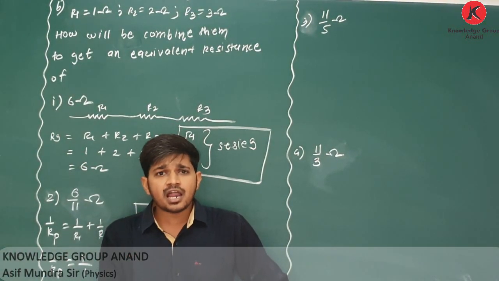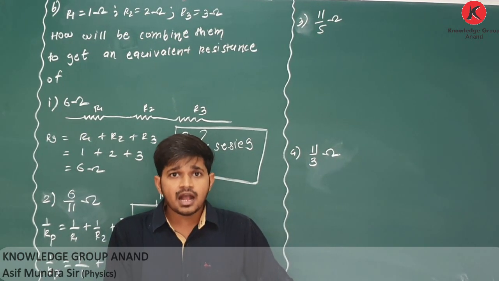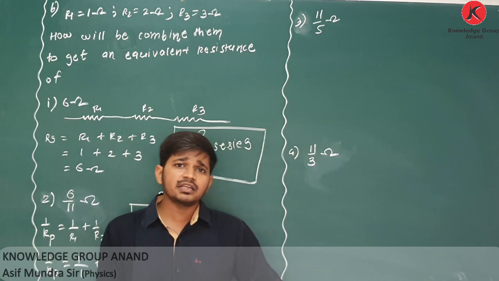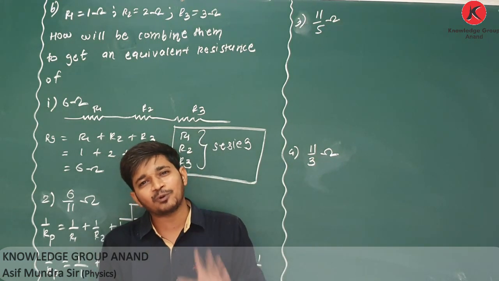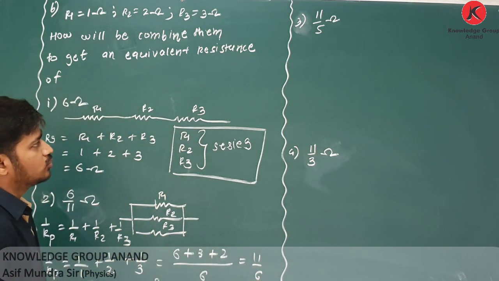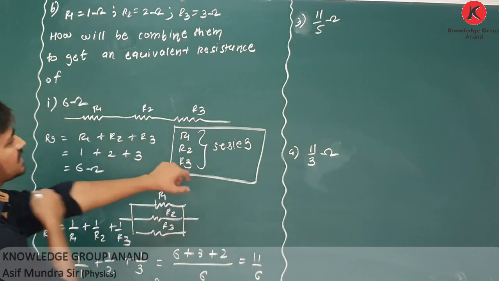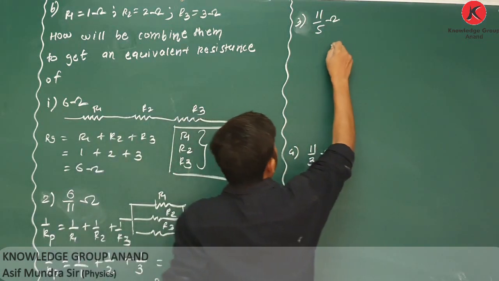If R1 and R2 are in series, in parallel with R3, or R1 and R2 in parallel, in series with R3, you can assume. So first of all, you have to take a possibility. Suppose I assume R2 and R3 are in series connection, in parallel with R1.